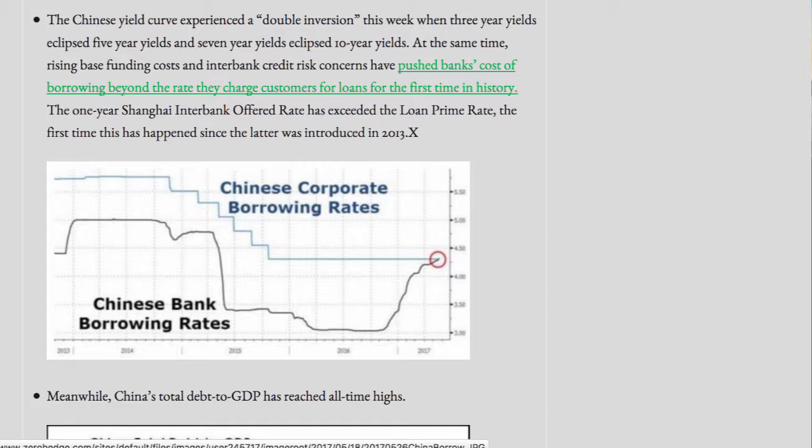At the same time, rising base funding costs and interbank credit risk concerns have pushed banks' cost of borrowing beyond the rate they charge customers for loans for the first time in history. The 1-year Shanghai Interbank offered rate has exceeded the loan prime rate, the first time this has happened since the latter was introduced in 2013.